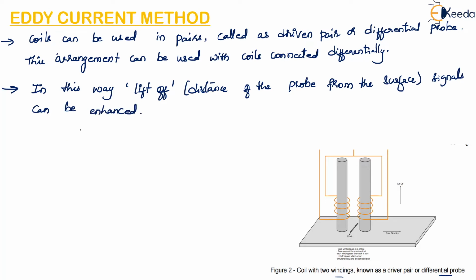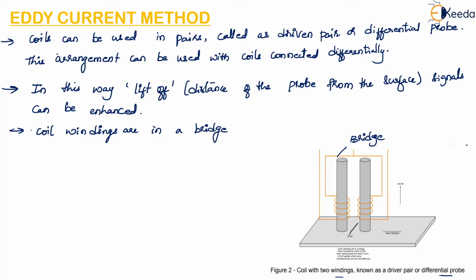So coil windings are in a bridge. So here you can see this is a bridge formed between these two coils.